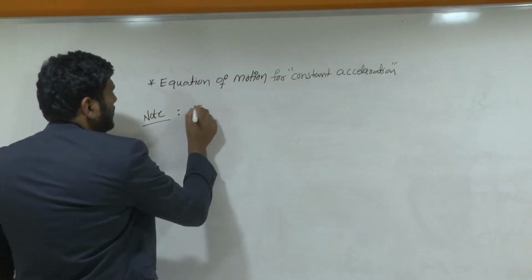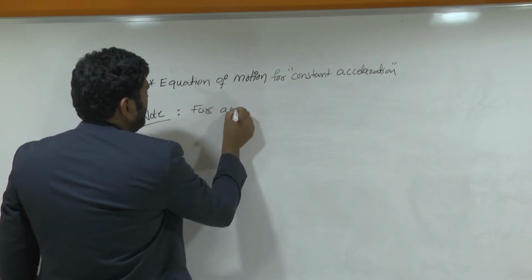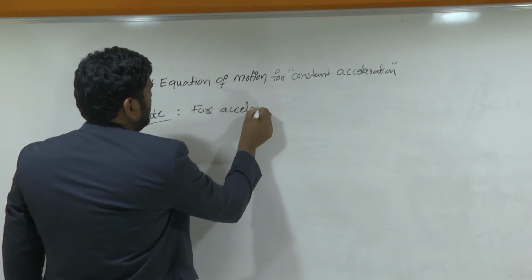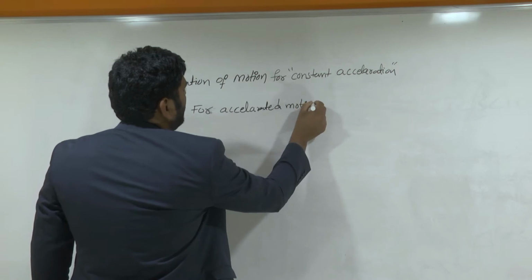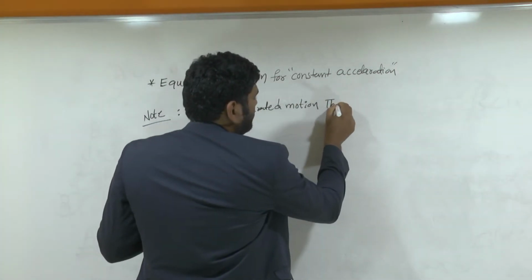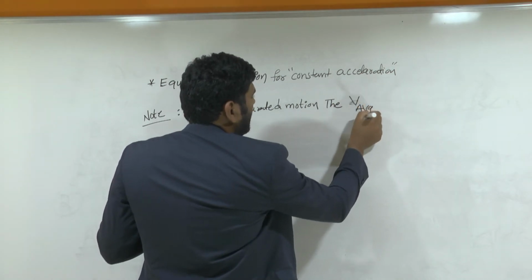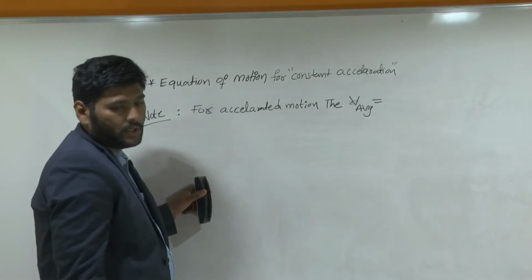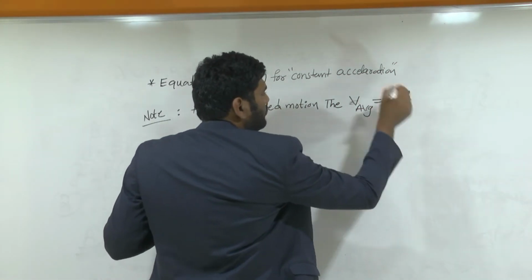For accelerated motion, the average speed or the average velocity is (v plus u) by 2.